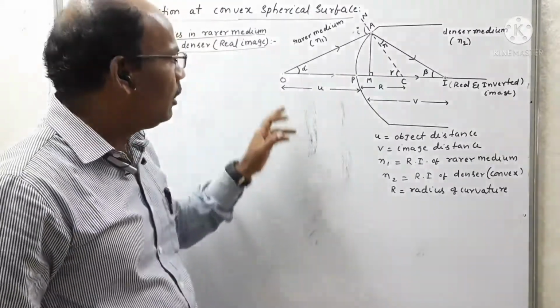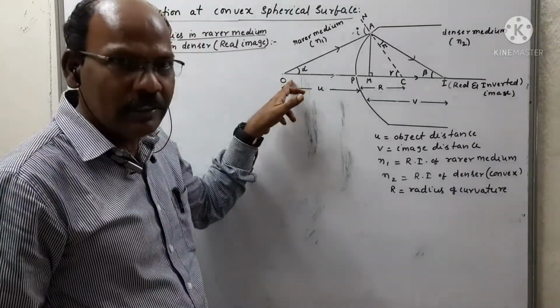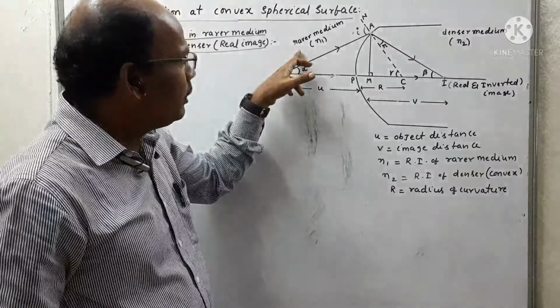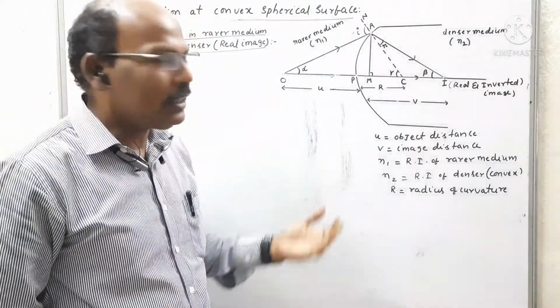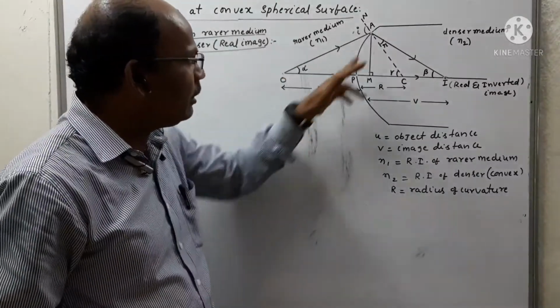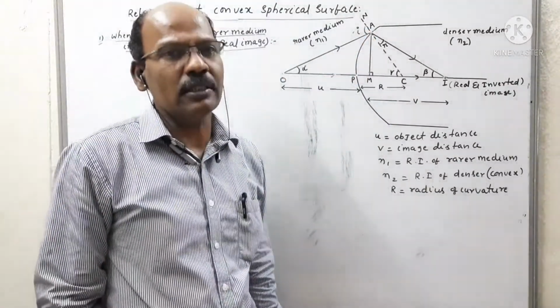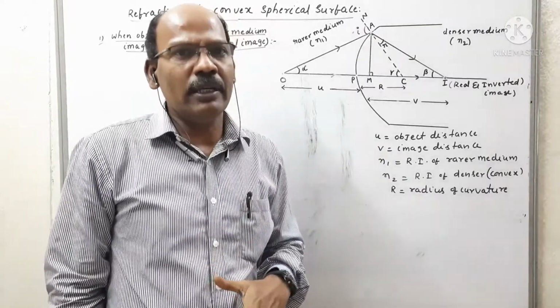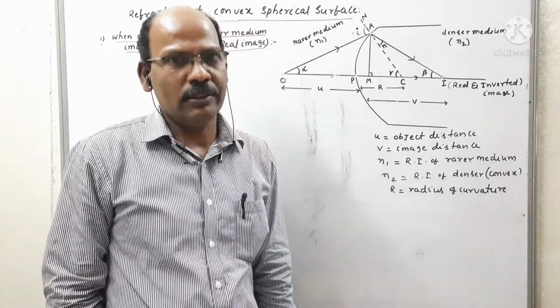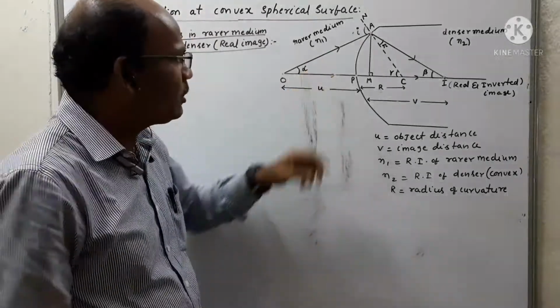Okay, let's observe. A point object O is kept in the rarer medium of refractive index N1. What is the position of the image formed by the convex refracting surface? Already we explained, to locate the image we consider two rays. Here also we consider two rays.